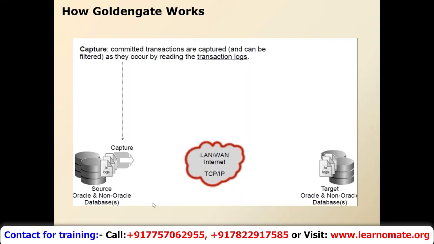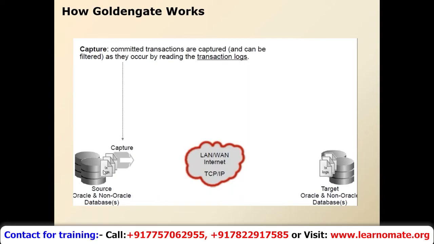Keep in mind, as I already told you, the transaction logs contain committed as well as uncommitted transactions. Whenever any change happens in the database, like any insert, any DML or DDL change, everything gets written into the transaction logs of the database, from where GoldenGate takes the data.